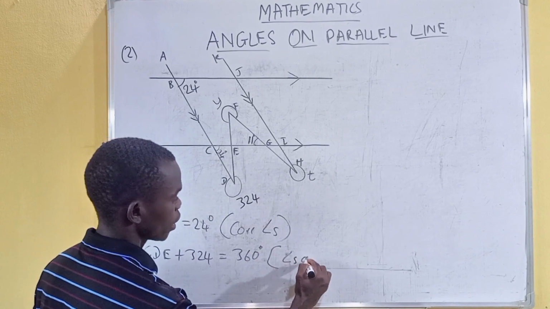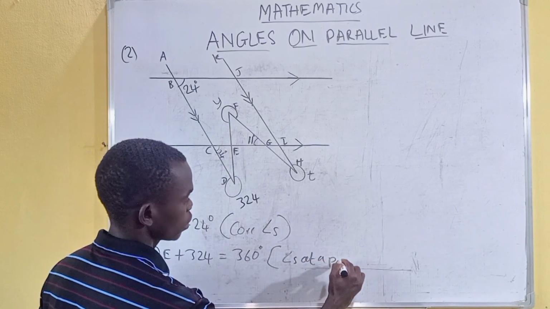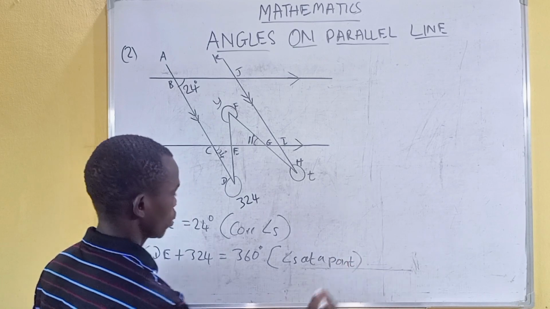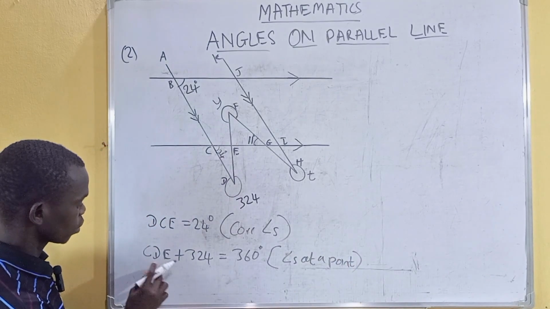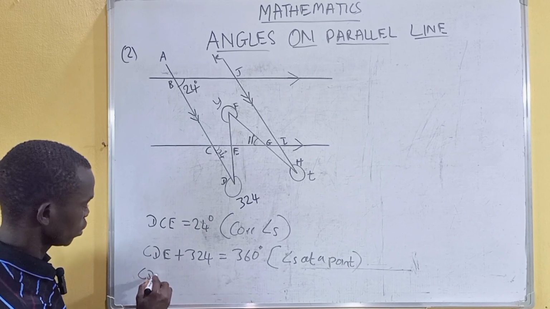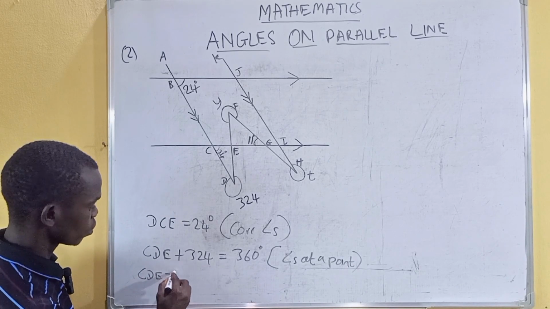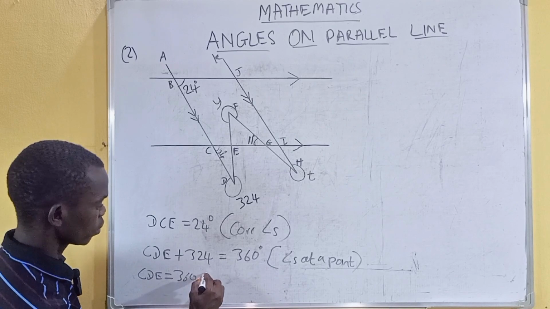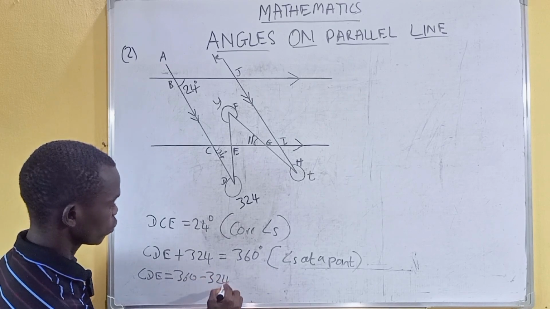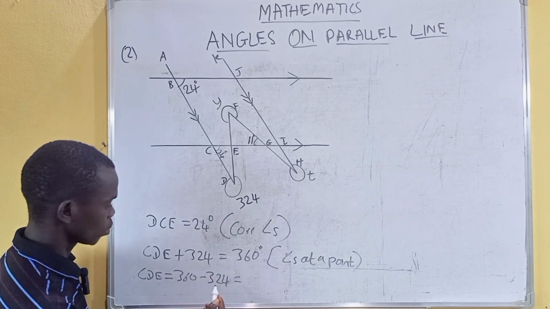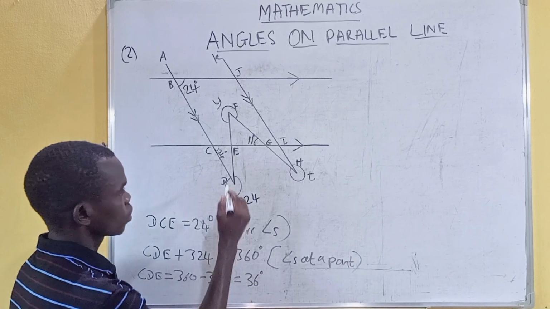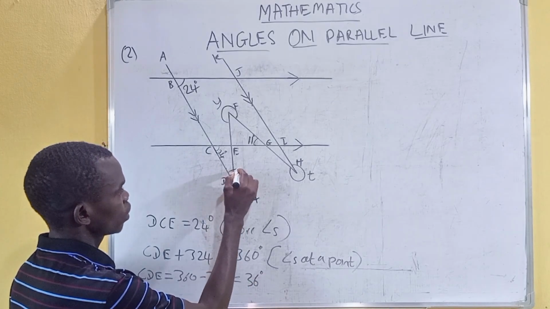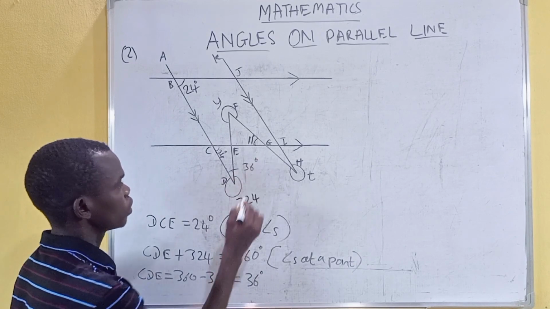Angle at a point. Therefore, to find CDE, make this the subject of the formula, which is CDE will be equal to 360 minus 324. This will be equal to 36 degrees. So here will now be 36 degrees.